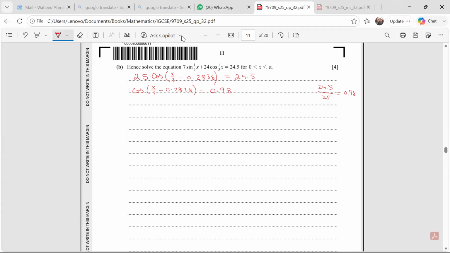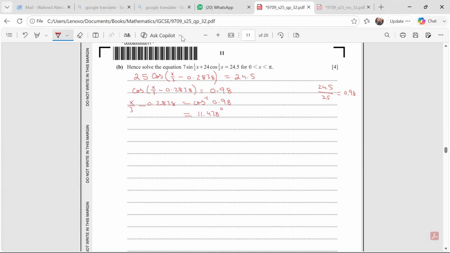Okay, now how can we find x by 3 minus 0.2838? This is equal to cos inverse 0.98. Okay, if I do cos inverse 0.98 using calculator, it gives me 11.478 degree. Okay, let's do it in degrees first.